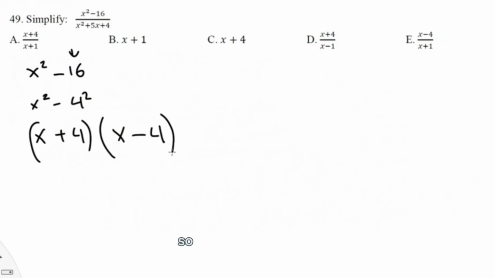So let's do that. So we have x squared plus 5x plus 4. Now this one has to be factored a bit differently. So what we first need to find is two numbers that add to 5 and multiply to 4. So when you think of that, that's just 4 and 1, because 4 plus 1 is 5 and 4 times 1 is 4.